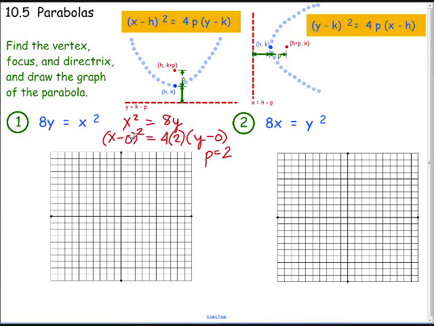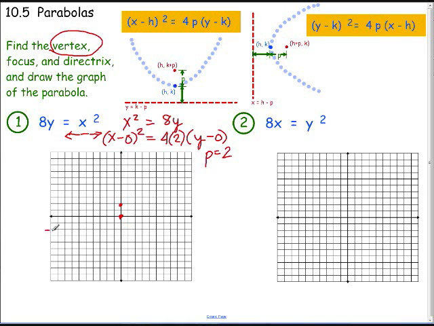It also tells me that my center, well, I don't have a center. I have a vertex. My vertex is at 0, 0. So let me draw that in. 0, 0. My focus is up 2. And I know, by the way, I should mark this too. The directrix is going to be horizontal because it's x that's squared.